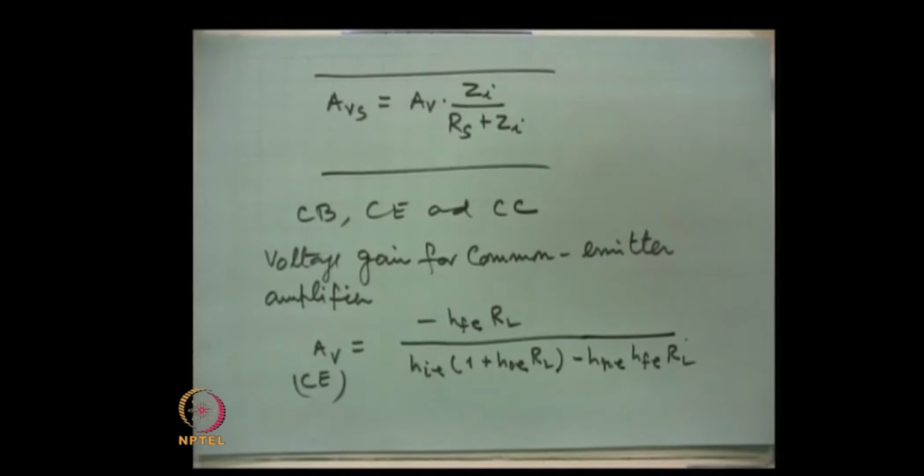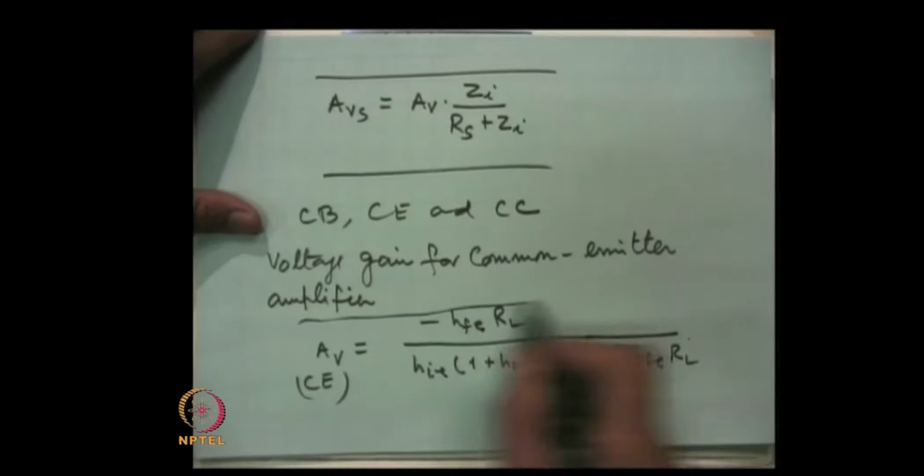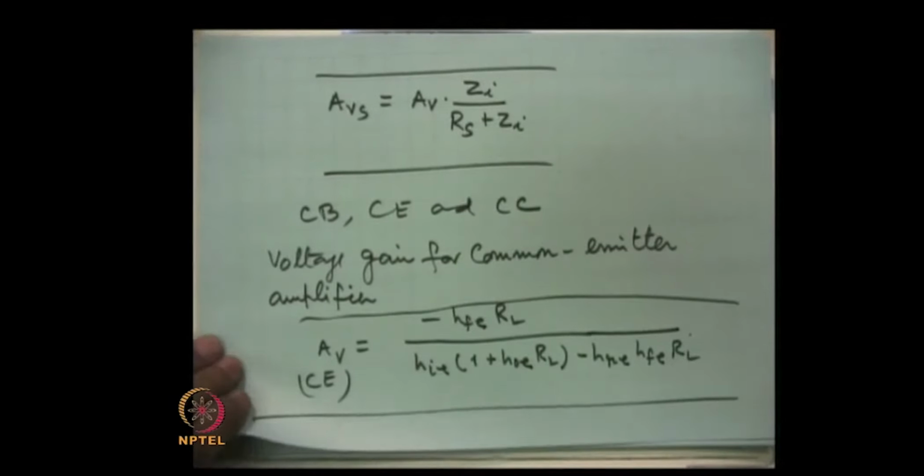This is the expression which we get for the voltage gain for CE amplifier, the exact expression. In the same way, I am now writing all these parameters for common emitter.